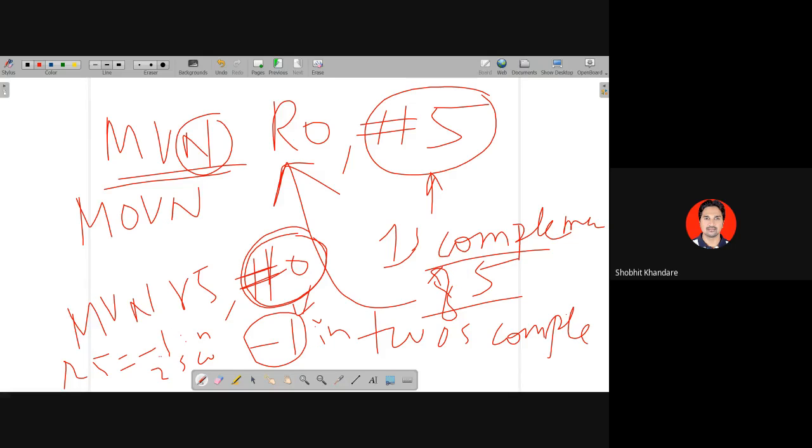So here I have to just tell you that if ever I am taking the negative number, I have to take the 2's complement, and if the number is positive, then you have to take 1's complement, in which we will be inverting the bits, 0 to 1 or 1 to 0. And whenever you are dealing with the negative number, you have to take the 2's complement.